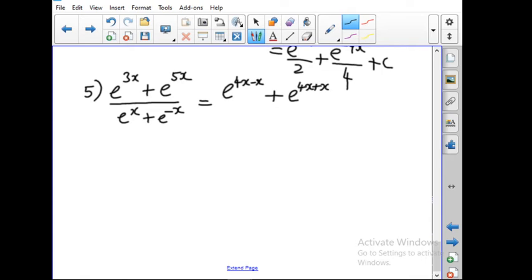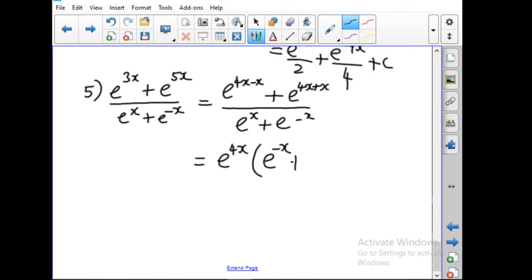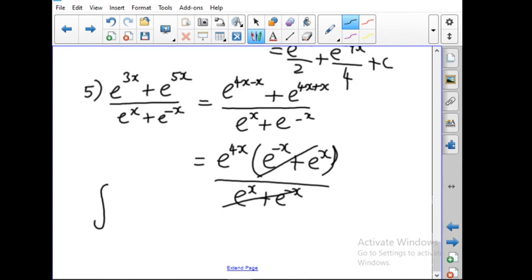So in both terms we have e^(4x) as common, and the denominator is e^x plus e^(−x). Now in the numerator we can take the common factor outside, that is e^(4x), so we get e^(−x) plus e^x. In the denominator we have e^x plus e^(−x), so it is very easy for us to cancel these two. Now what is the integration for the given term?